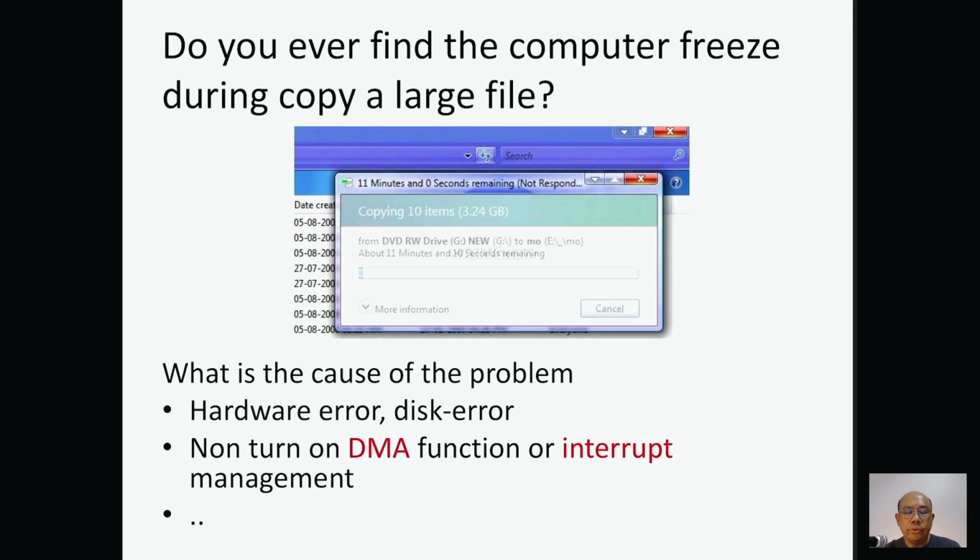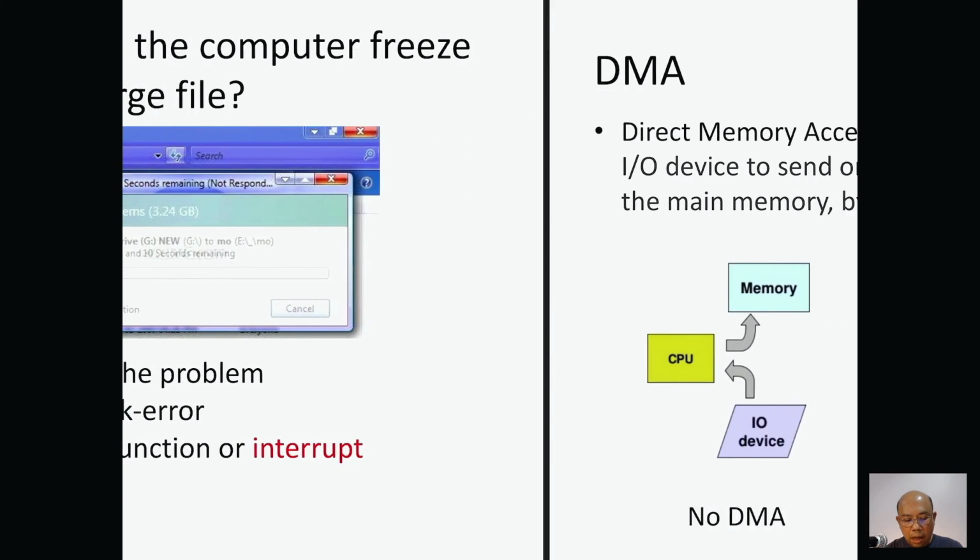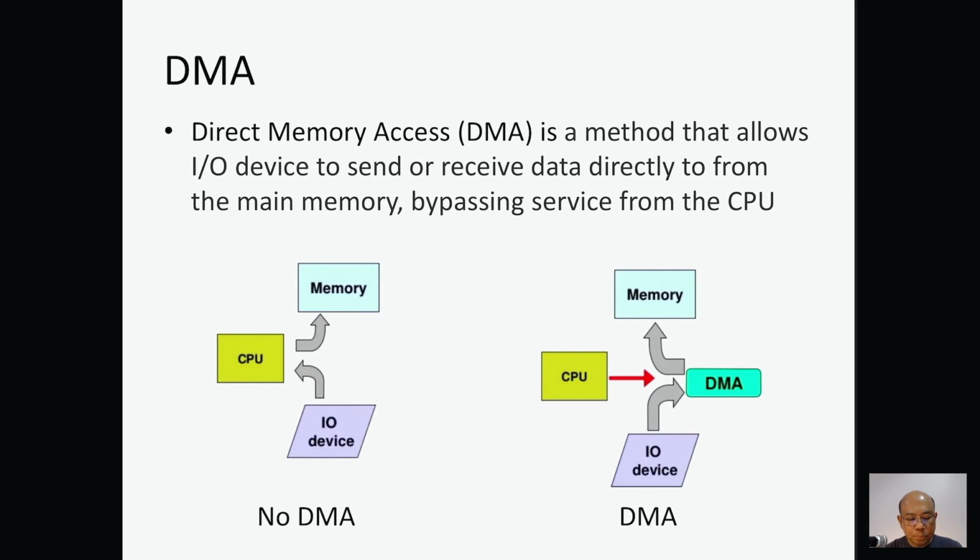And if you use a very old system, such as DOS or Windows 3, maybe you will have a problem with the DMA and interrupts being turned on and off.